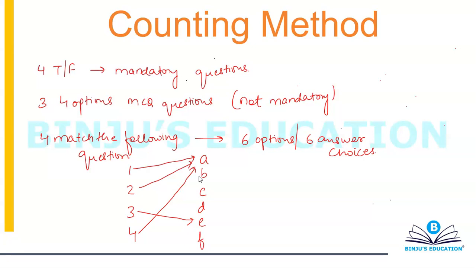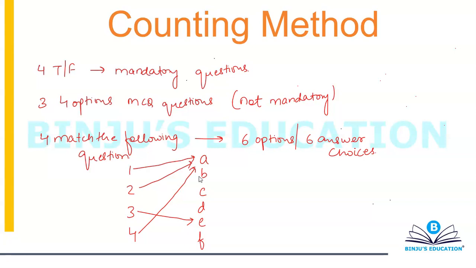So I have 4 true false mandatory questions which I need to solve, 3 MCQ questions with 4 options which are not mandatory, and 4 match the following questions having 6 answer choices, and an option can be the answer to any number of questions.